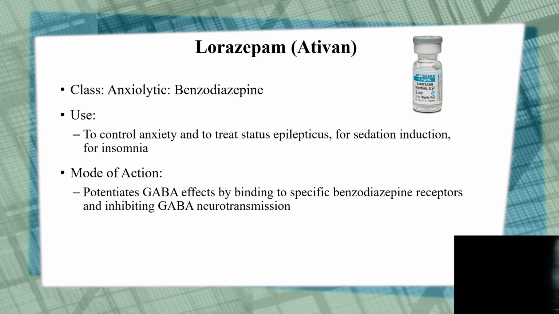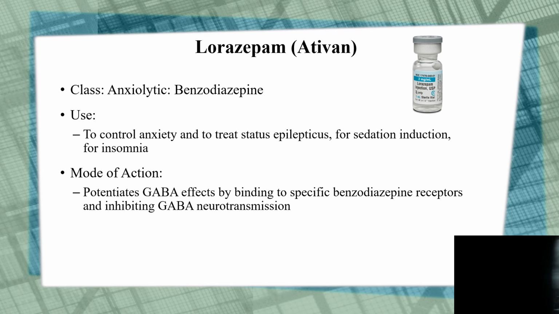This drug is highly protein bound, and if it is given IM, intramuscularly, it has an onset of action of 15 to 30 minutes. And if it is given intravenously, it has a very quick onset.